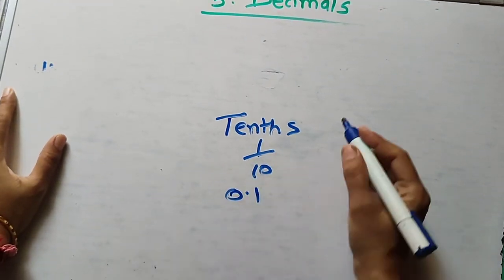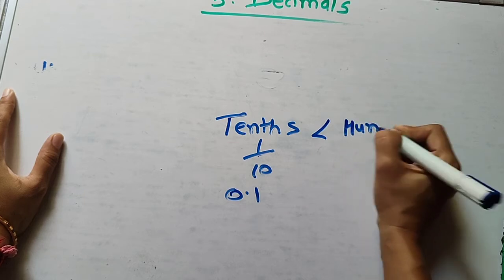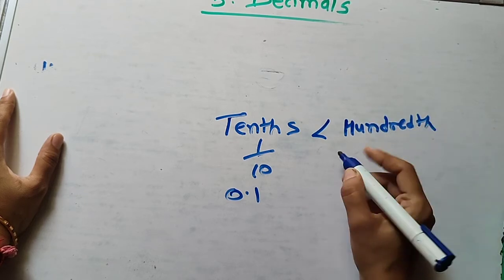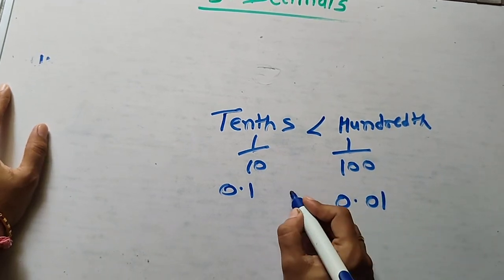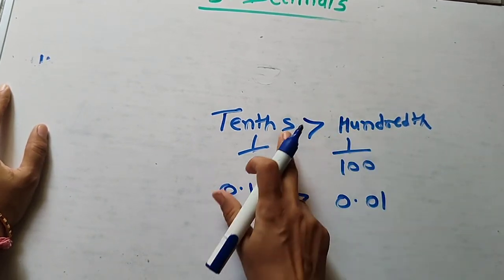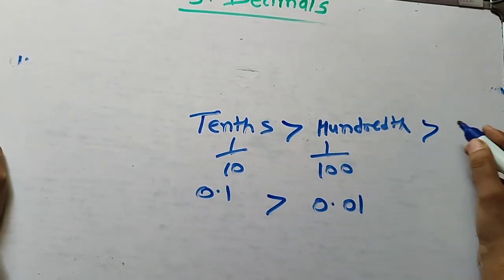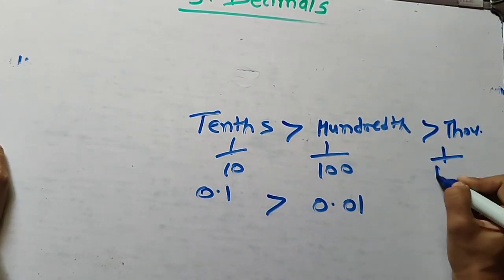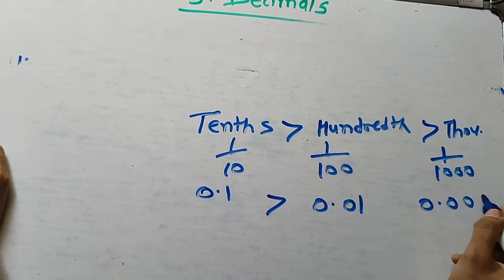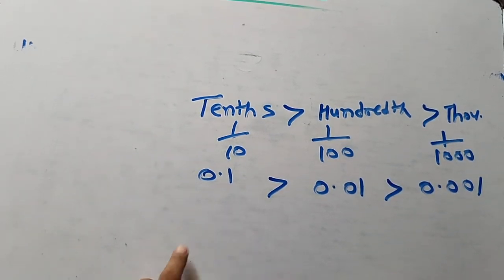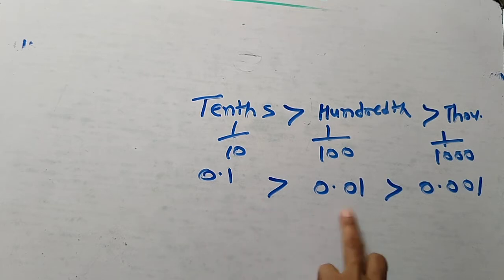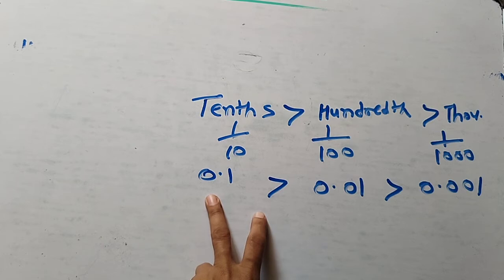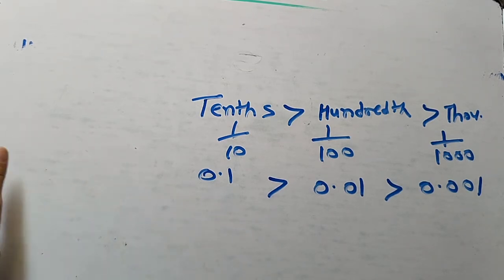This is greater than 100th place, 1/100, how to write, 0.01. This is smaller. Okay, 10th place is greater than 100th place and 100th place is greater than 1000th place, 1/1000, 0.001. Remember this. So when we move on right hand side, after decimal point, remember this.